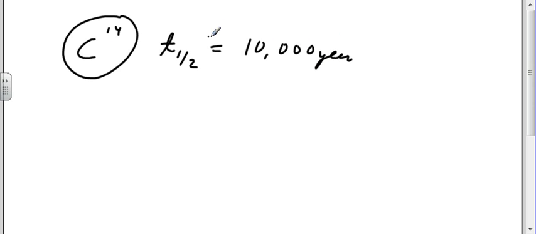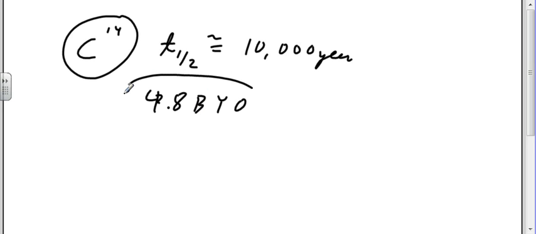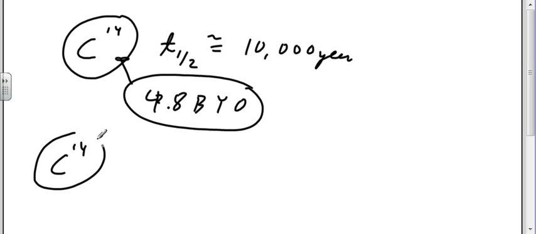So if the Earth is 4.8 billion years old, how can there be any carbon-14 on the Earth? Obviously there had to be some method to get it here, right? So carbon-14 is produced by the sun and is in some equilibrium amount when some plant grows.